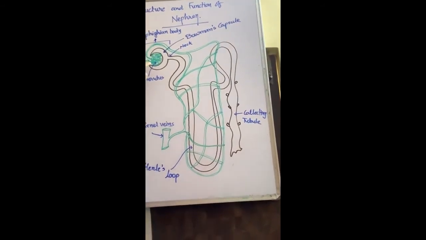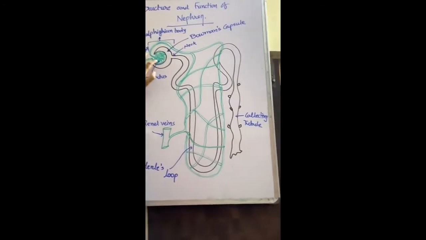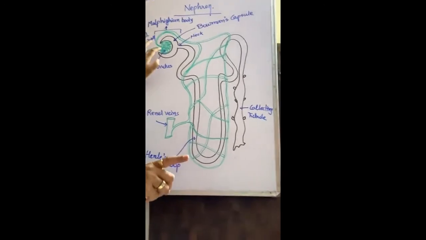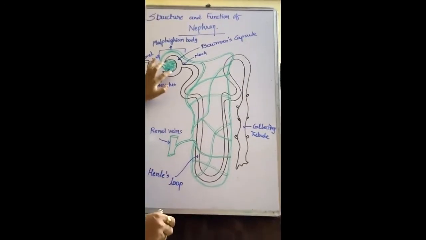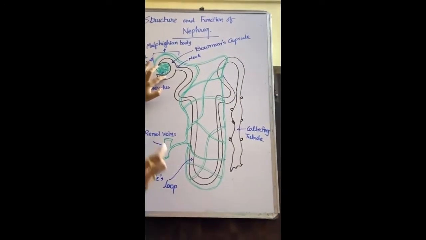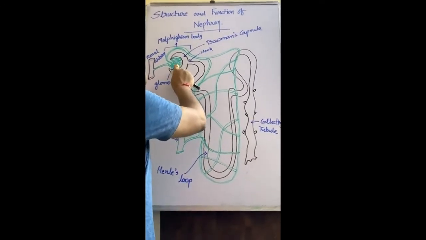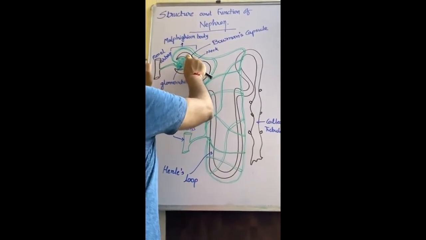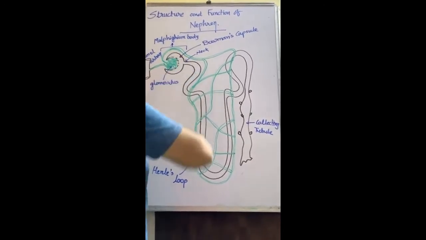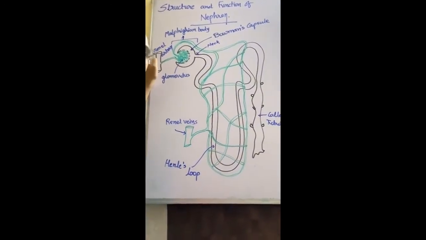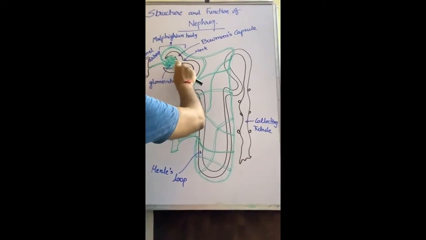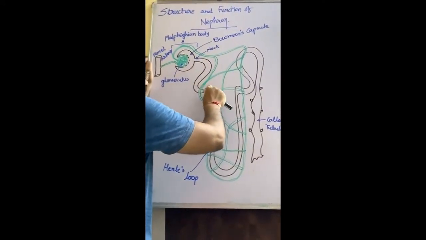See here, glomerulus is very thin. Diameter of the glomerulus is a very thin pipeline, whereas diameter of the Bowman cap is big. Because of this difference in diameter, here in the Bowman cap, the urine, urea, uric acid, etc. waste materials are filtered and it enters into this pipeline.